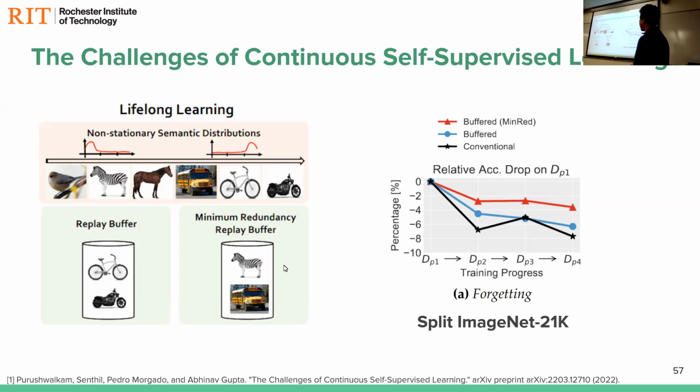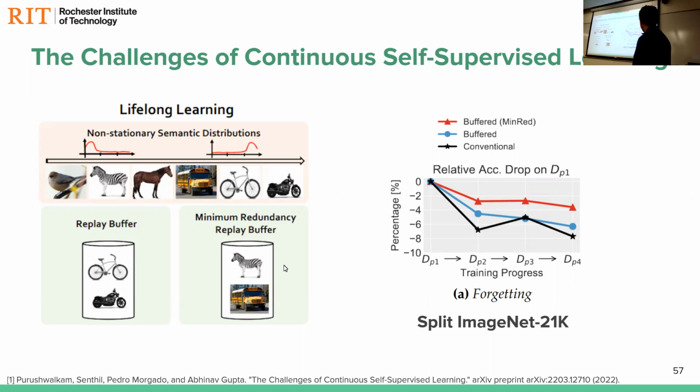And then when we switch to another one, we might have only that semantics inside of my buffer. So what they say is that just using the same trick that they said before, the minimum redundancy, you could have a semantic rich buffer. Even though it's just calculating the cosine distance within the images, it happens that images that have the same semantics will likely be close to each other in the representation space. So when you apply this deleting, you will have a richer semantics in your buffer.